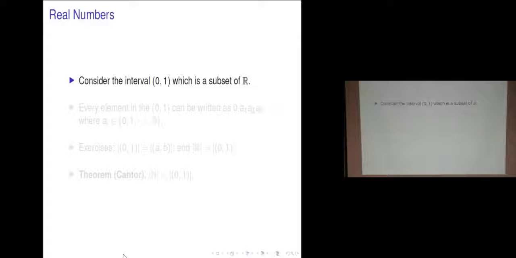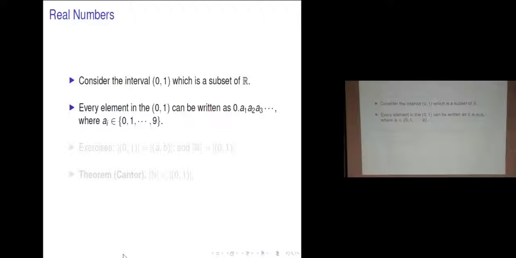If I convince you that there are more real numbers inside this interval than natural numbers, then the real numbers themselves will be more than natural numbers, right? Why do I shrink it to 0, 1? Because elements in 0, 1 have this nice property: they have an infinite decimal expansion.